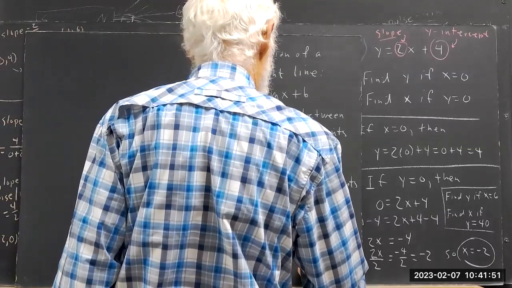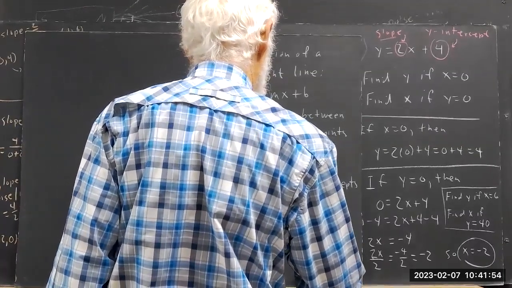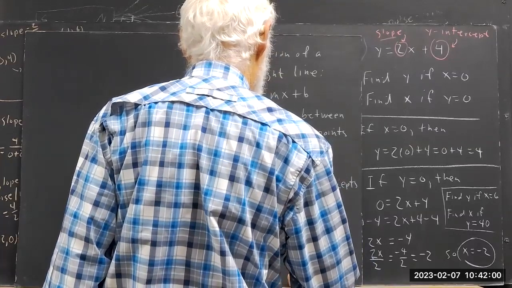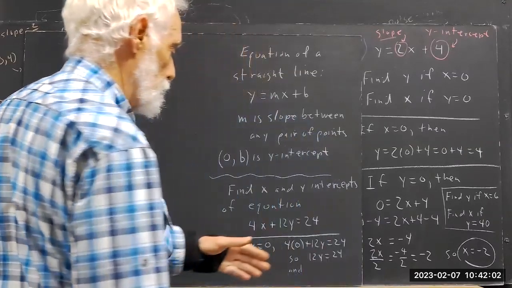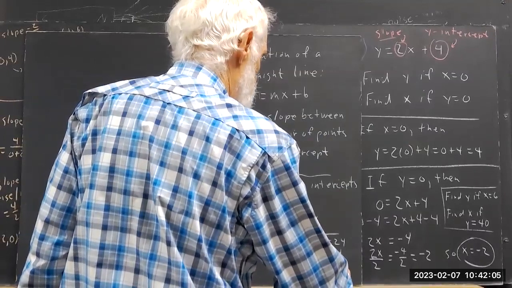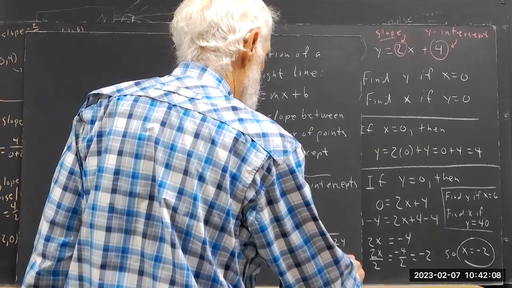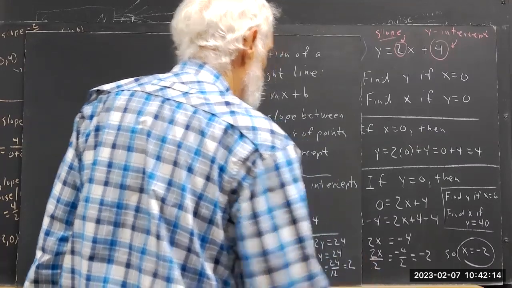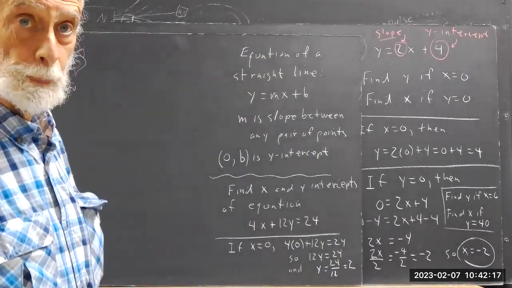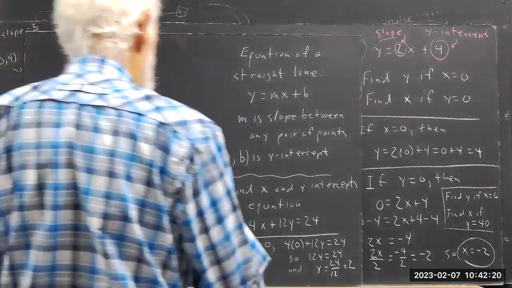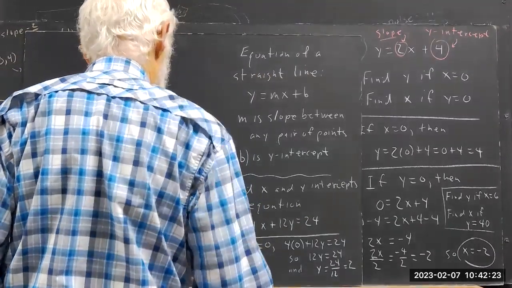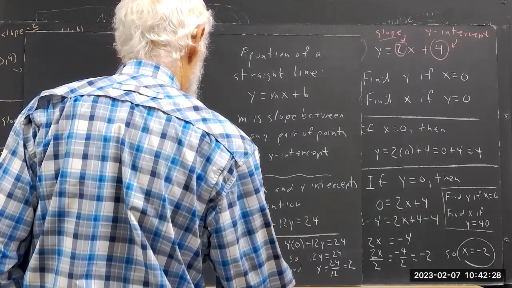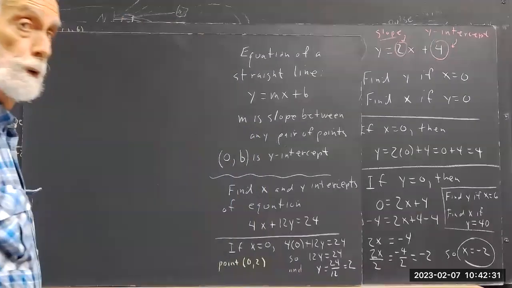So y equals 24 over 12, which is 2. Okay, so we have the point (0, 2).